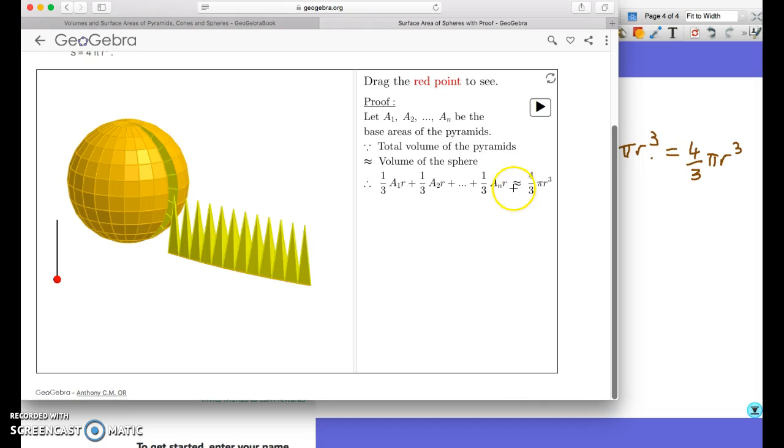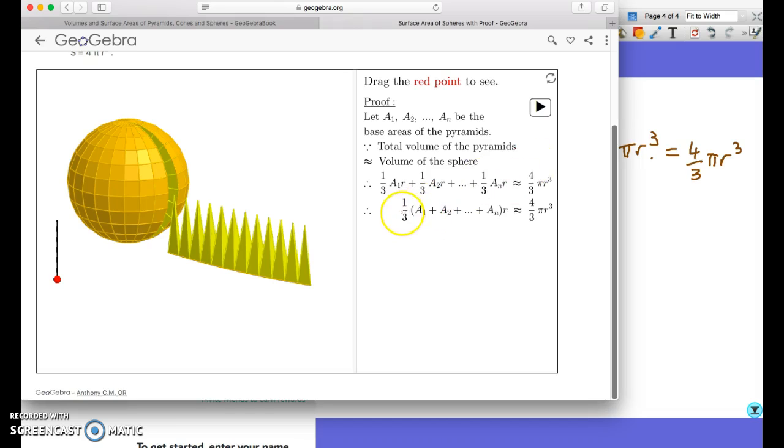And so that gives us this expression, 1/3 base area times height, adding up all the pyramids. That should give us the 4/3 pi r cubed from before. Now what we're going to do is factor out the 1/3 and factor out r. R, of course, was the one we replaced with the height. The sum of all of these base areas is, in fact, the surface area of the sphere.